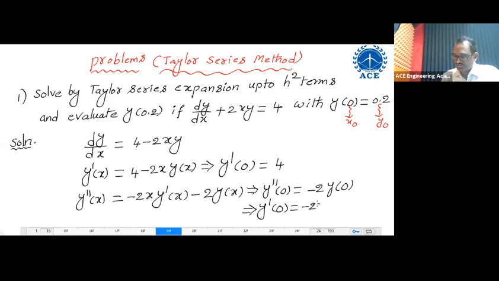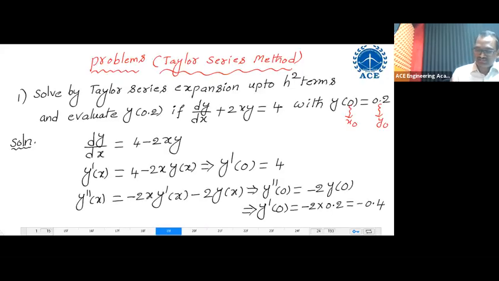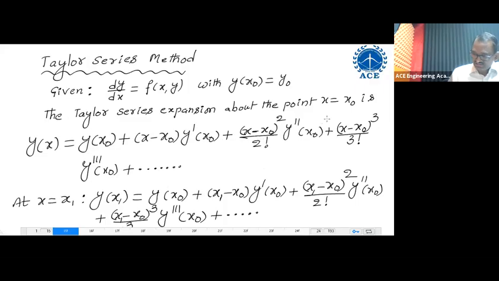So this is minus 2 into 0.2, that is equal to minus 0.4. Remember, up to h squared terms means up to second derivative. I am writing this Taylor series up to h squared terms, up to second derivative.